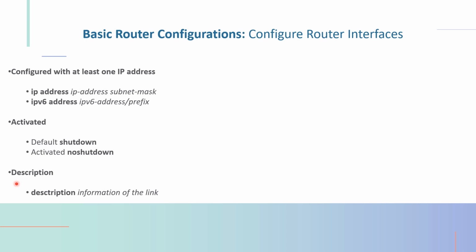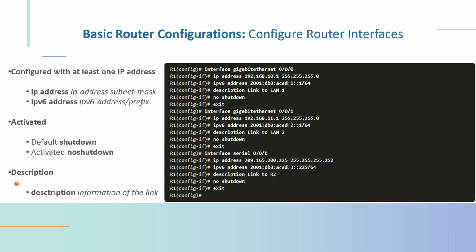So based on the previous example, here are the configurations that we can do on router 1. At router 1, there would be the interface GigabitEthernet 0/0/0, which connects LAN 1.